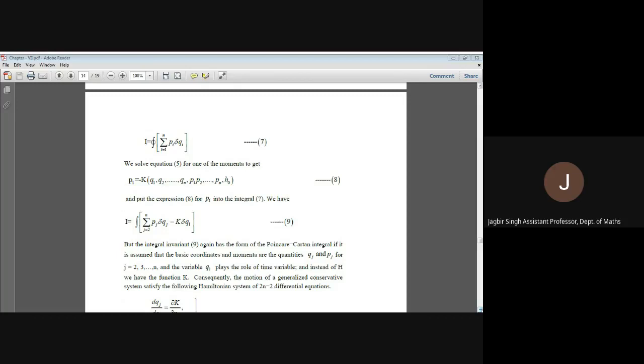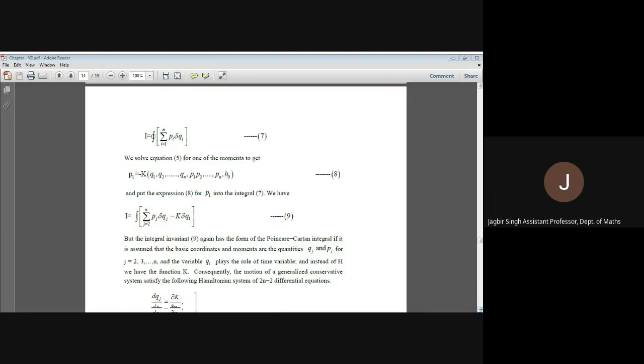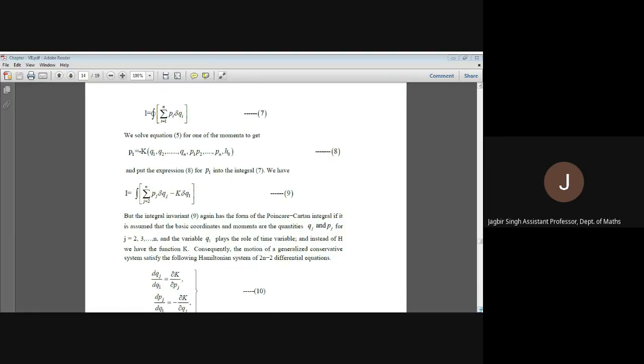And now comparing this equation number 9 with the generalized Poincare-Cartan integral invariant, we obtain that h is replaced by k, p is replaced by q1, and the values run from 2 to n.